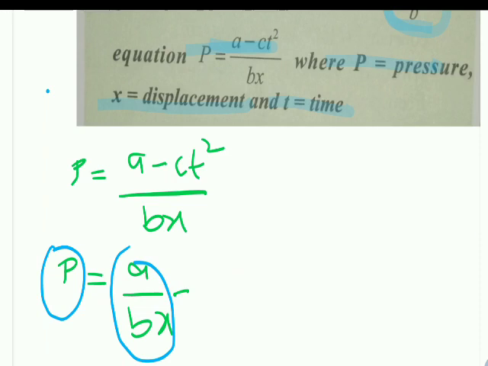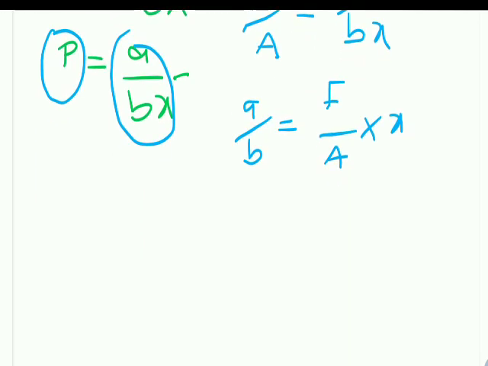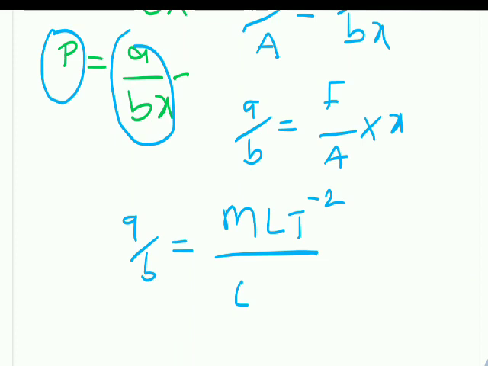Now P pressure units F by A is equal to A by B into X. So A by B is equal to F by A into X. F units: A by B is equal to M L T inverse 2 by area, length into length.